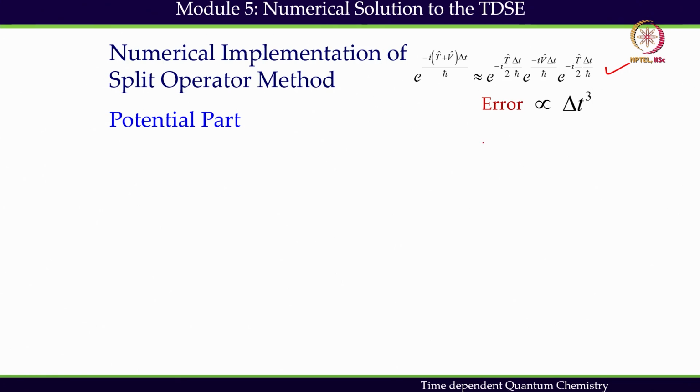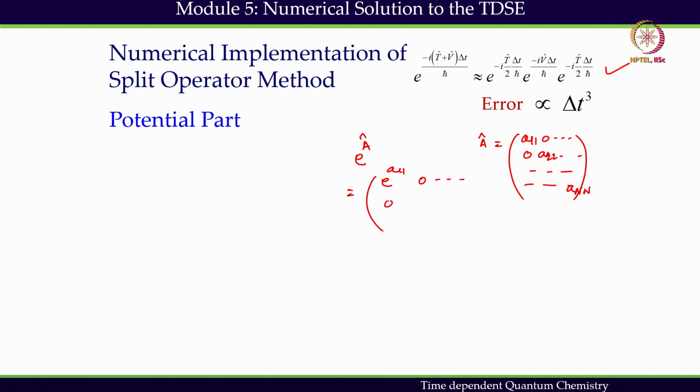Previously we said that if an operator can be represented in its diagonal form, then I can very easily find the exponential of that operator by exponentiating each element, like this.